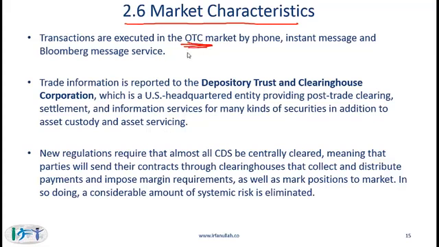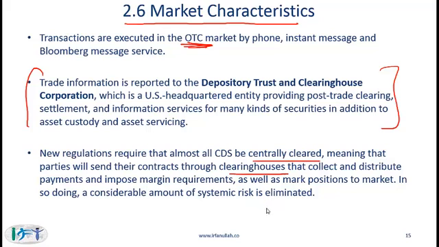So even though this is considered an OTC market, there are some aspects of an exchange. In fact, new regulations require that almost all CDS be centrally cleared, meaning that the parties will send their contracts through clearing houses that collect and distribute payments and impose margin requirements, as well as mark positions to the market. In so doing, a considerable amount of systematic risk is eliminated.